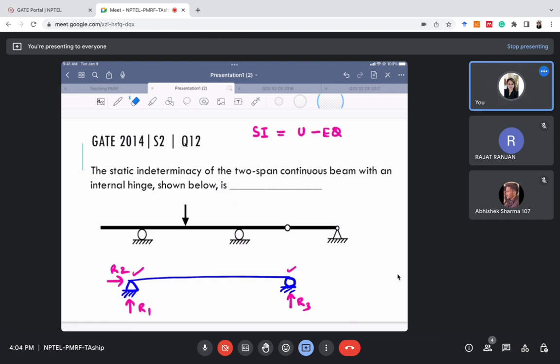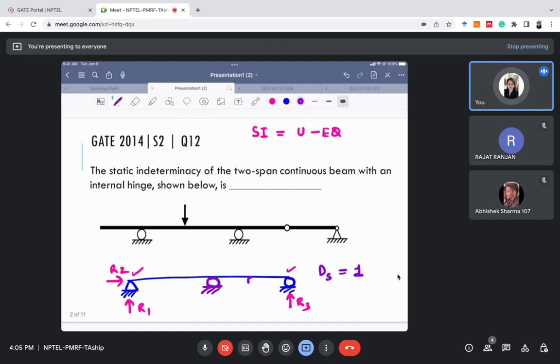Now whenever we add one support in this structure, it will increase the degree of static indeterminacy. And whenever we add a hinge in this simply supported structure, it will reduce the degree of static indeterminacy by 1. So it's simple to solve, right? If in this simply supported beam we add one more support here, the degree of static indeterminacy, earlier 0 for a simply supported beam, will now become 1, right?